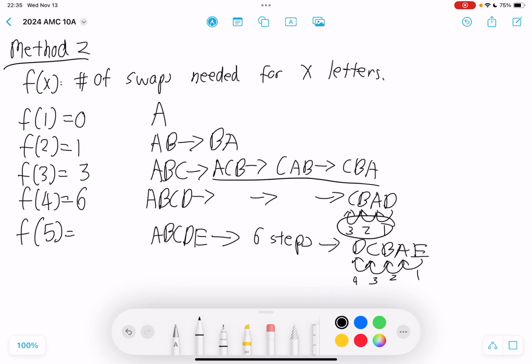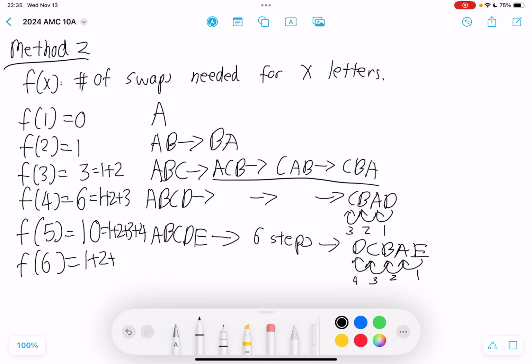Now this is 3 swaps and this is 4 swaps. So each time the number of swaps you do with the new letter increases by 1. So that's 4 plus 6, which is 10. So f of 1 is just 0, f of 2 is 1, 3 is 1 plus 2, 6 is 1 plus 2 plus 3, 10 is 1 plus 2 plus 3 plus 4. So this means that f of 6 you can predict is going to be 1 plus 2 plus 3 plus 4 plus 5, which is 15.